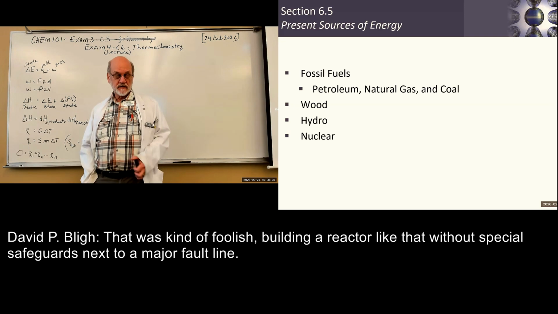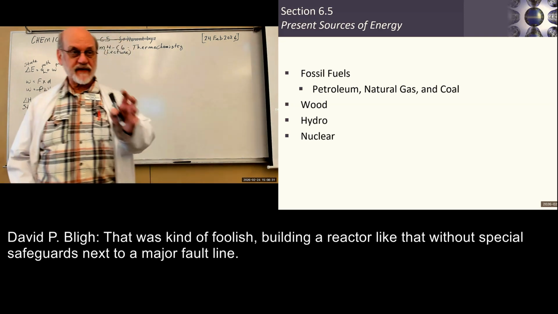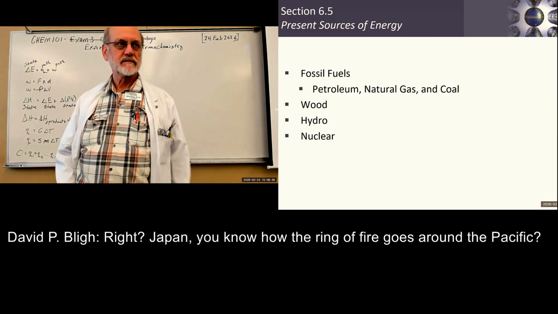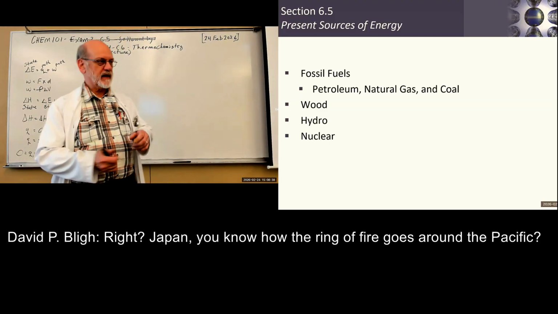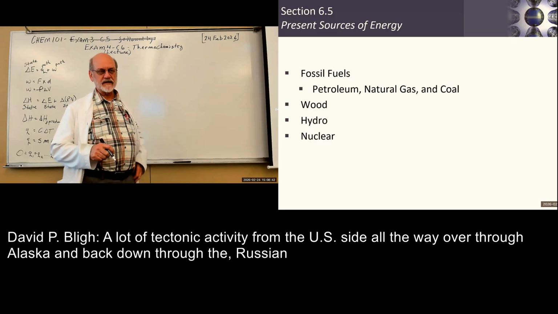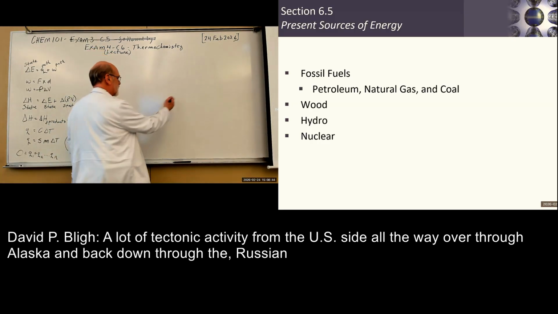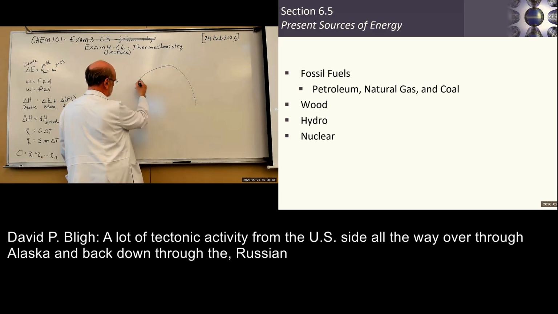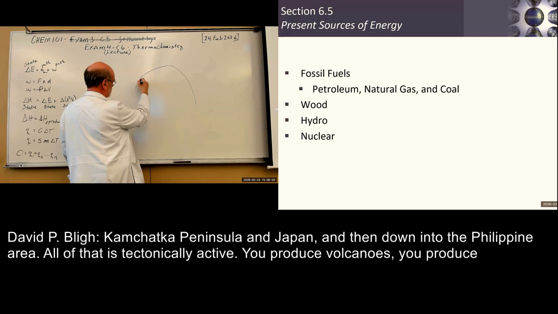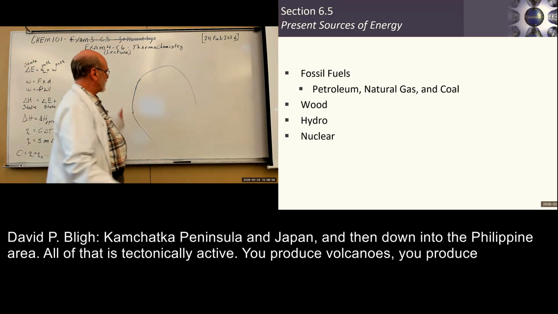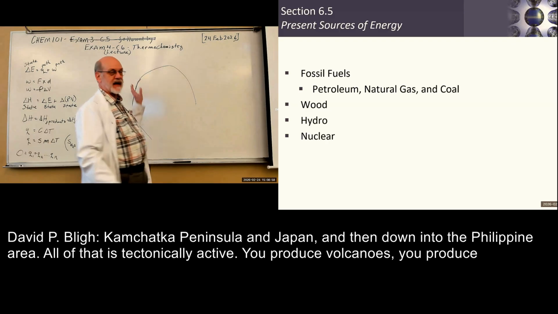That was kind of foolish, building a reactor like that without special safeguards next to a major fault line, right? Japan, you know how the ring of fire goes around the Pacific, right? A lot of tectonic activity from the US side all the way over through Alaska and back down through the Russian Kamchatka Peninsula and Japan, and then down into the Philippine area. All of that is tectonically active.